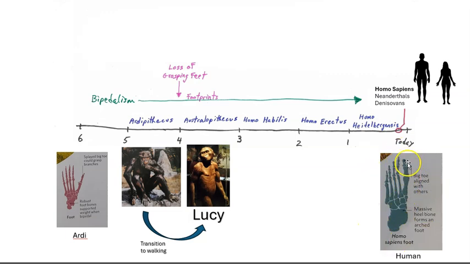Look at the human toe. It's in alignment, that's the big toe, in alignment with the other toes. So that was a key evolutionary transition, the evolution of bipedal walking, complete with the upright posture and the anatomical changes to the foot. These are adaptations for walking on 2 feet, which would be an advantage in the grassland habitat.